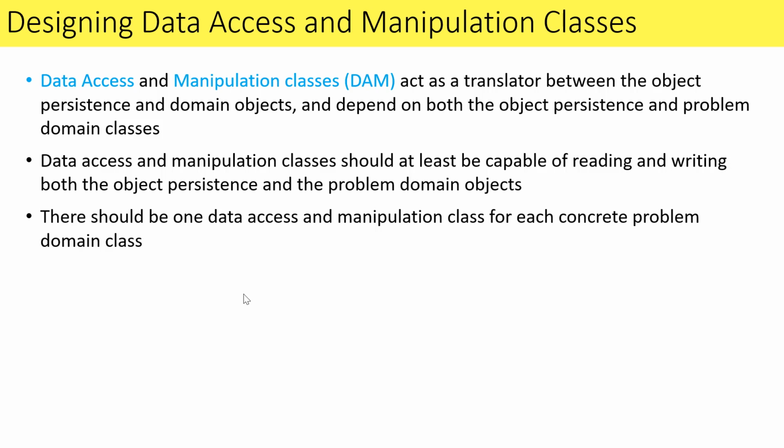So they should allow you at least to add data to your database, read the data back from the database, and of course populate your objects when you are working with the objects. So we should have one data access and manipulation class, or DAM class, per each concrete class.